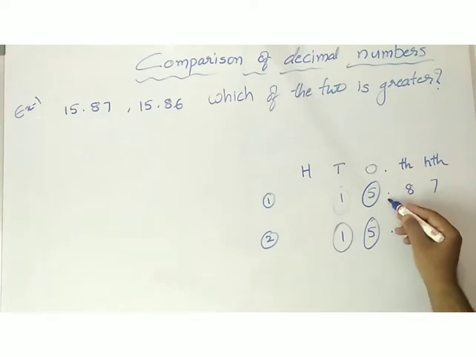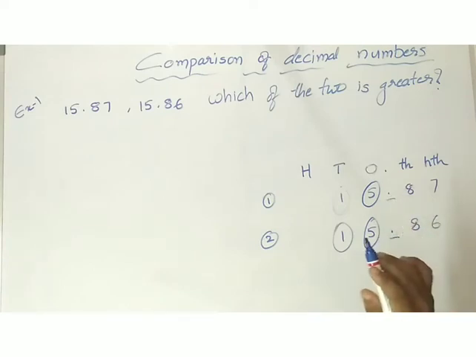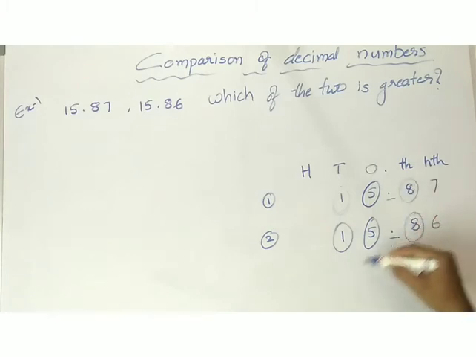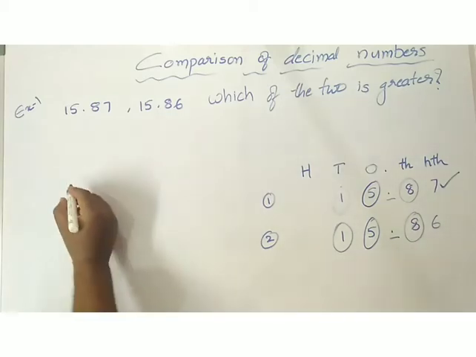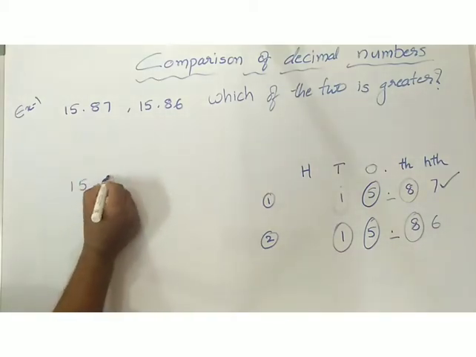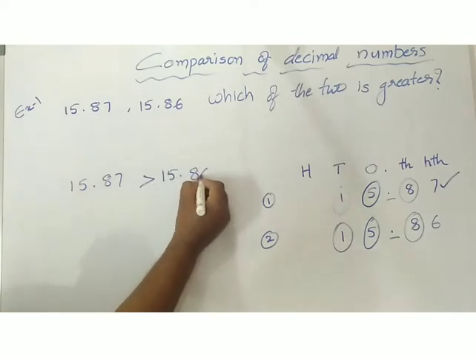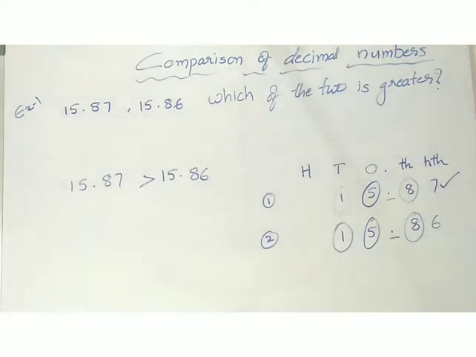Next the decimal digit, 8 and 8. Then here it is 7, here it is 6. 7 is greater. So 15.87 is greater than 15.86. This much easy a problem they won't ask.